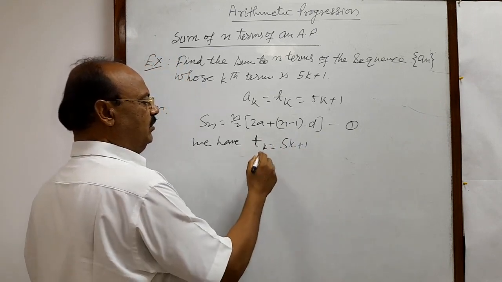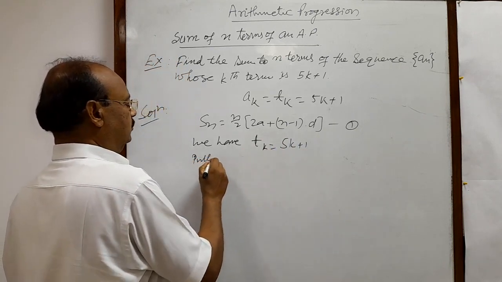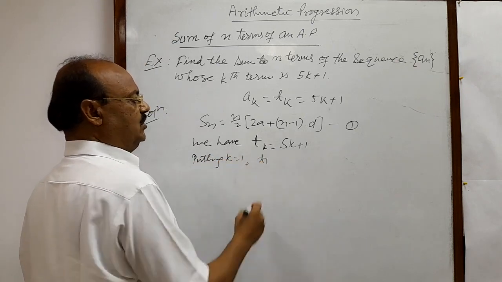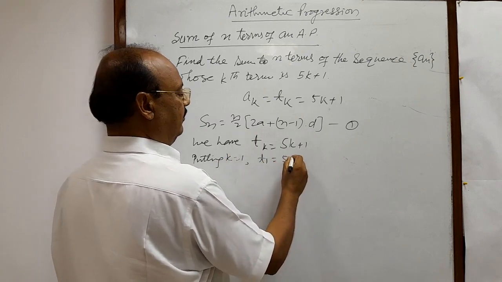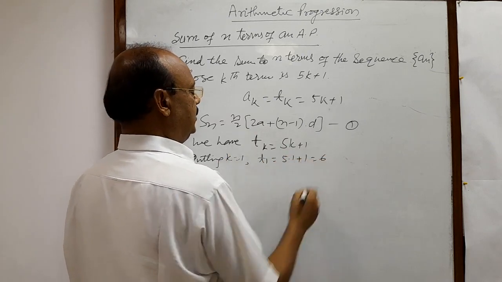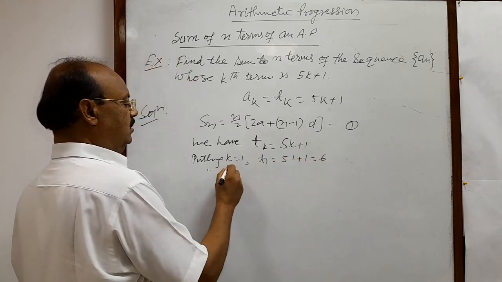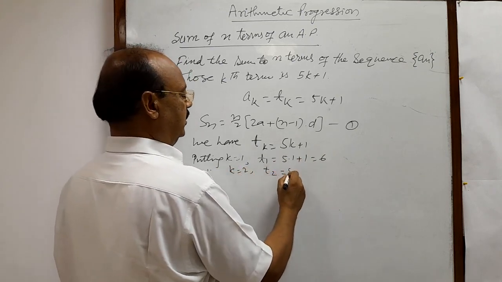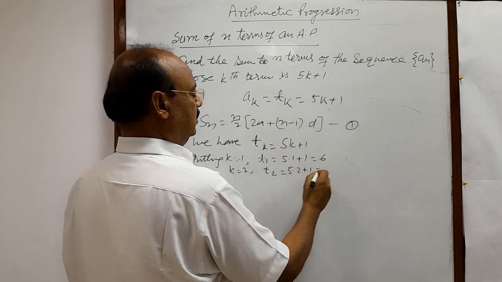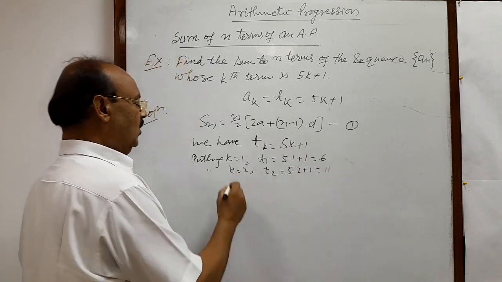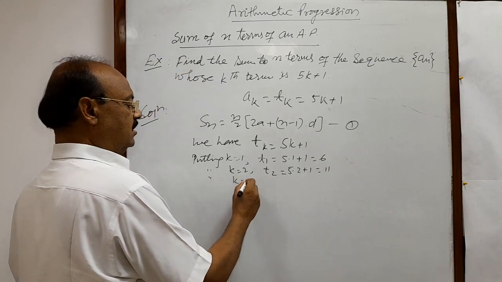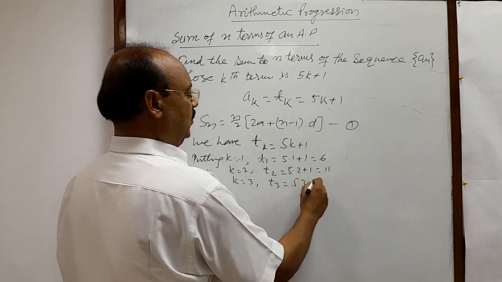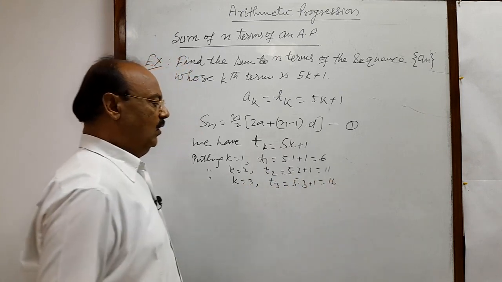So what will the first term be? By putting k is equal to 1, we get the first term t1, that is 5 into 1 plus 1, which is equal to 6. By putting k is equal to 2, we get the second term t2, that is 5 into 2 plus 1, which is 11. Similarly, by putting k is equal to 3, we get the third term, that is 5 into 3 plus 1, which is equal to 16.